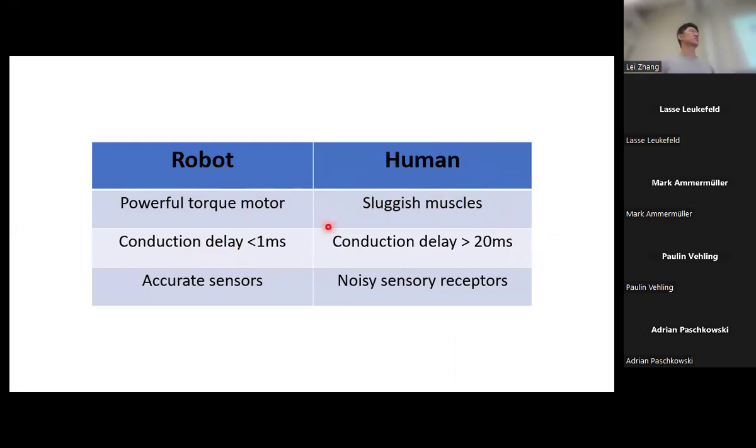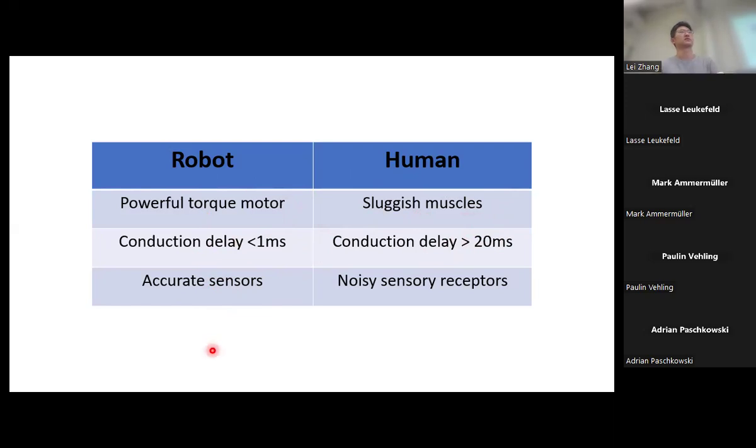In humans, if you consider neural transmission, for example for arm movement, you need at least 20 milliseconds for the signal to travel from the periphery to your central nervous system. And this is overall in the human motor system. If you ask roboticists to design a robot with such delays, this is definitely not possible.